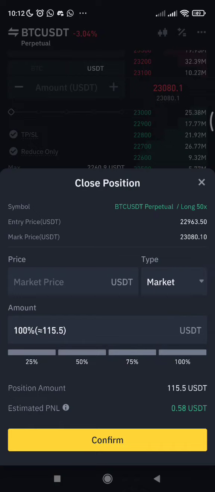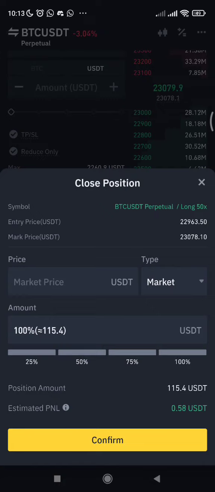Now, when you use 100%, you see the estimated P&L and the amount of the position in USDT. Remember, you are using leverage. Like I explained, I used $2 from my capital plus this leverage. That's why it's giving me 100 and something.